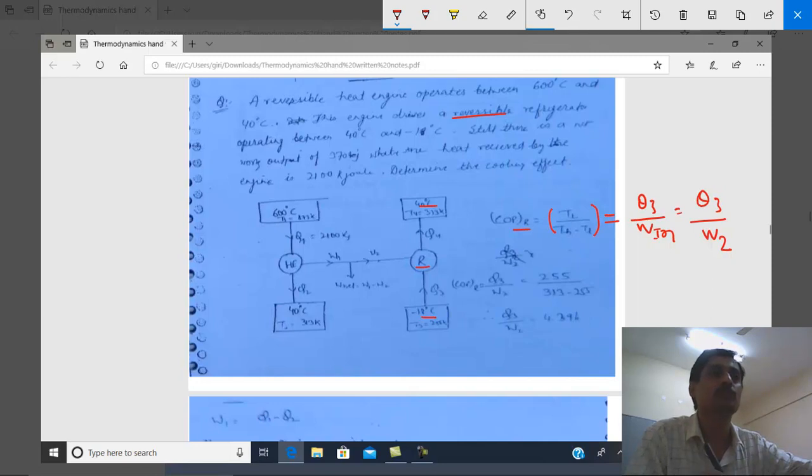After putting in these values, Q3 by W2 is equal to 4.396.